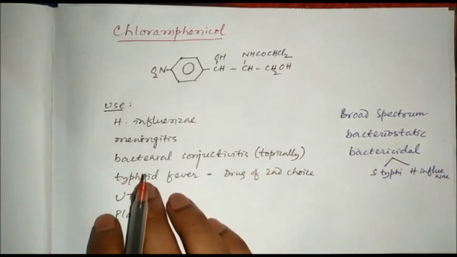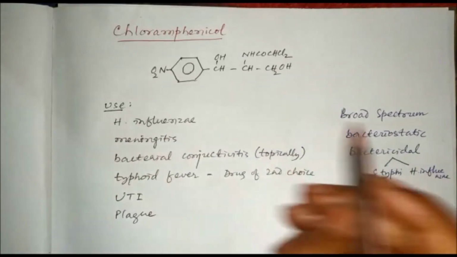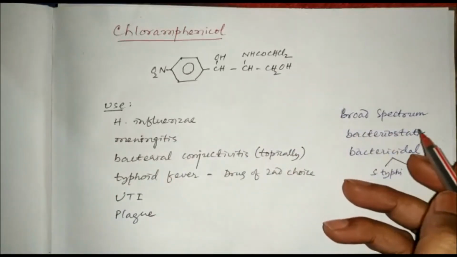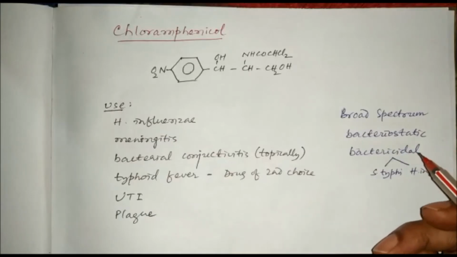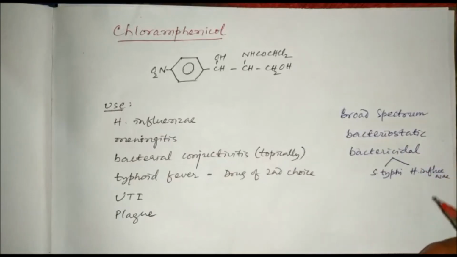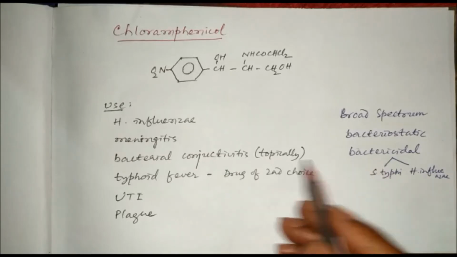Chloramphenicol is a broad spectrum antibiotic, and basically it is bacteriostatic, but against Salmonella typhi and Haemophilus influenzae it is bactericidal.